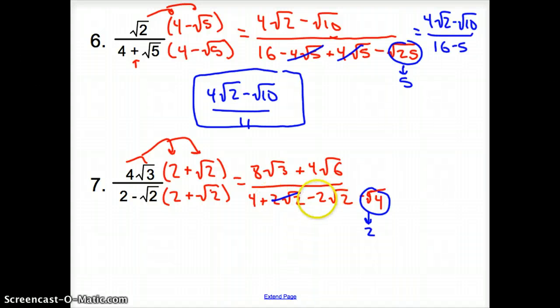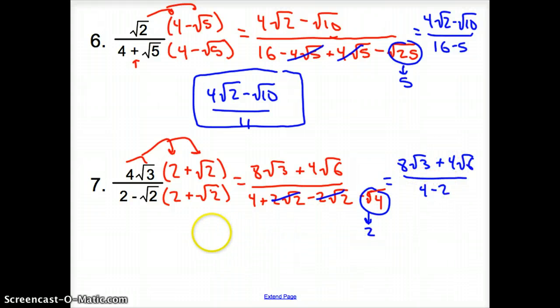This cancels out. On top, we have what? We have 8 square root 3 plus 4 square root 6. That goes over the top of 4 minus 2. Cleaning the bottom up, we have 8 square root 3 plus 4 square root 6 all over 2.